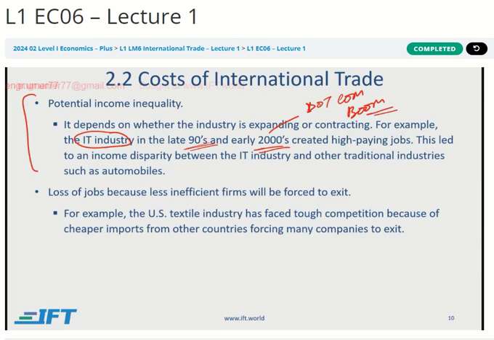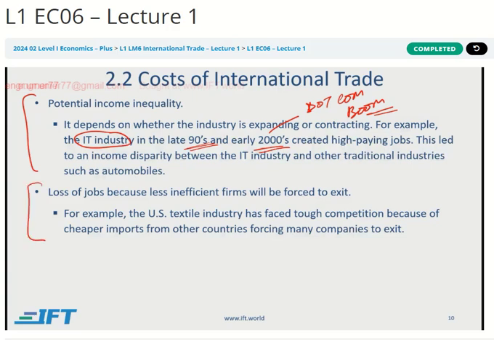But in the late 90s, early 2000s, there was a dot-com boom, and I remember young people driving Porsche Carreras 911 GTs, and they were just software developers. So in Silicon Valley, the point is that it creates potential income inequality because the benefits of trade are not distributed evenly across all the different segments of society.